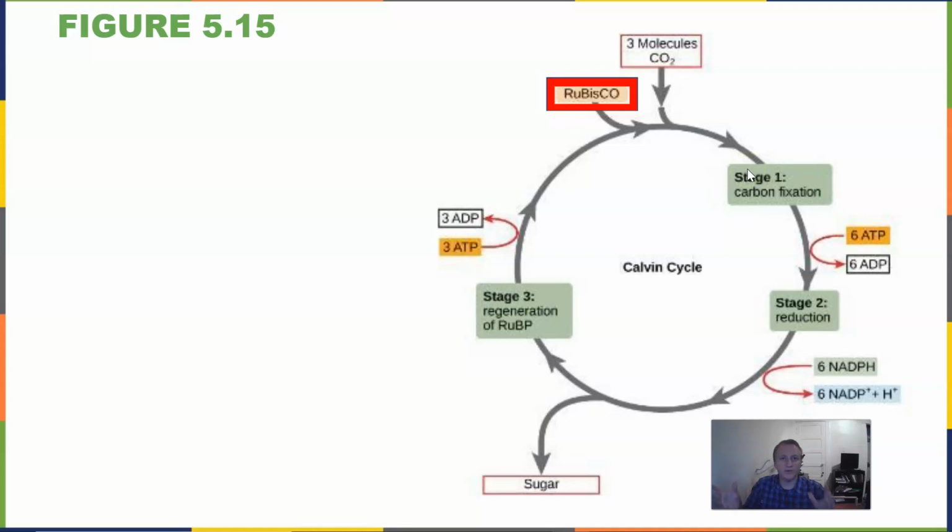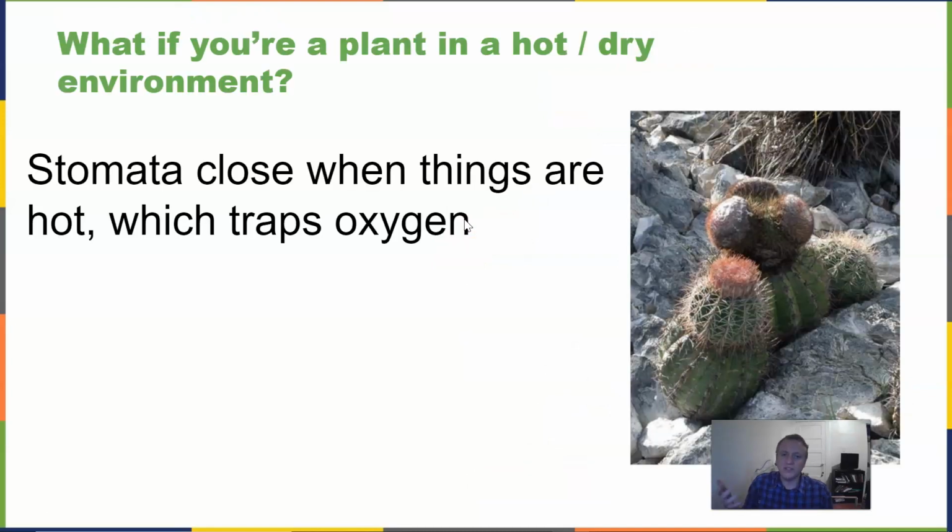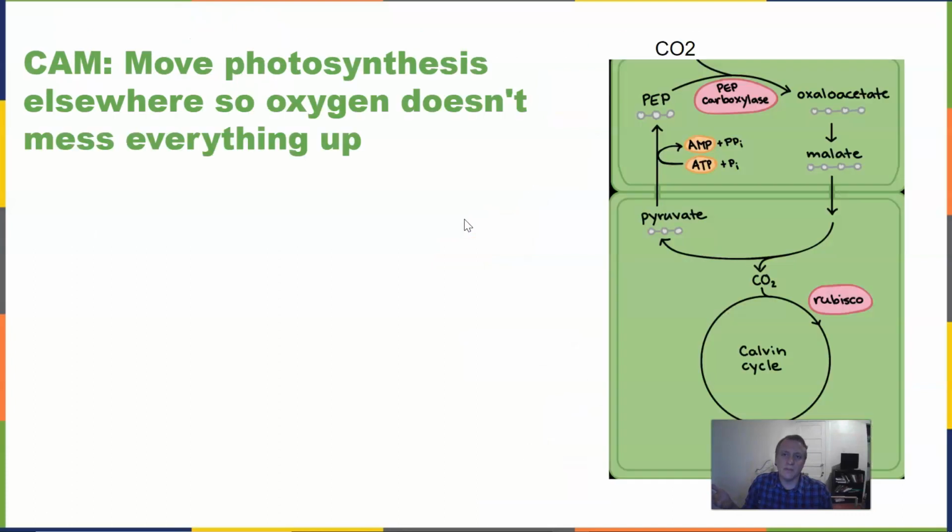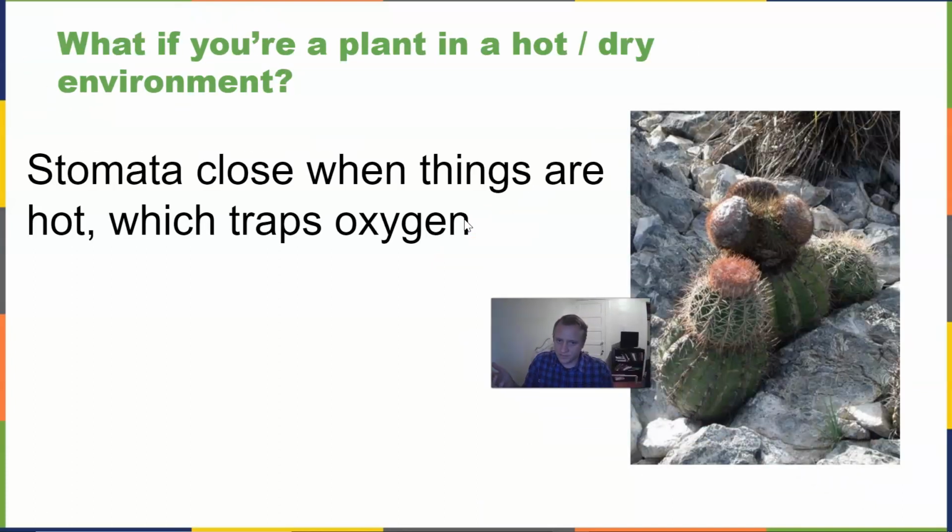But rubisco has this problem where sometimes, fairly often actually, it will fix oxygen instead of fixing carbon. Whenever rubisco does this, it's bad for the plant. It's super energy inefficient. It costs the plant energy.